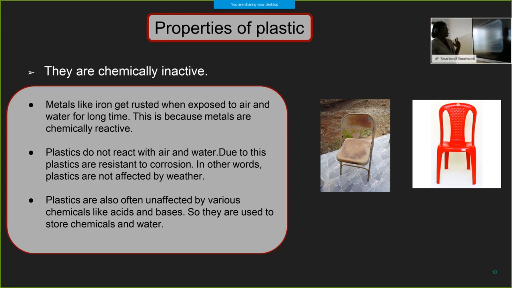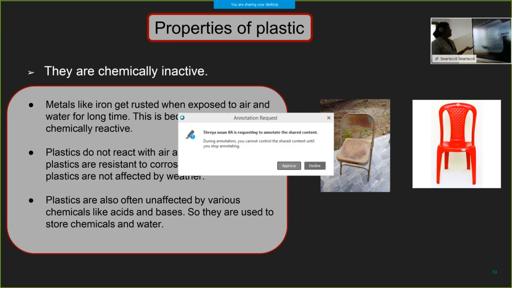This is because metals are chemically reactive. Now, plastics do not react with air and water. Due to this, plastics are resistant to corrosion. In other words, plastics are not affected by weather. So it is considered a very important property of plastic. That is why it is used to make various articles.